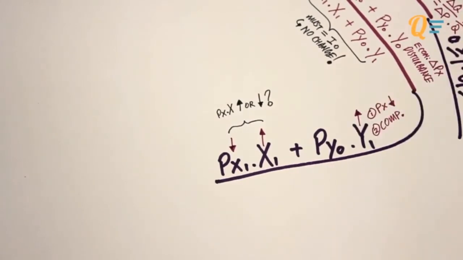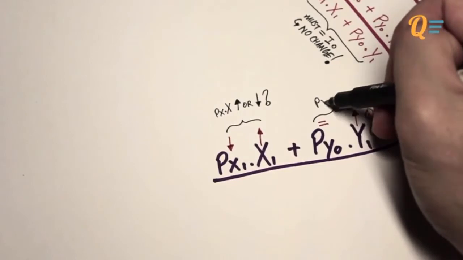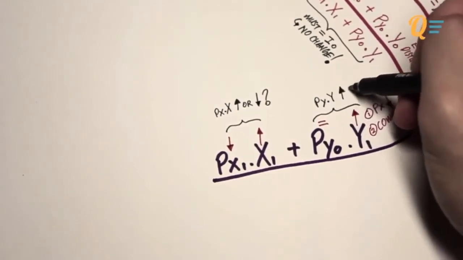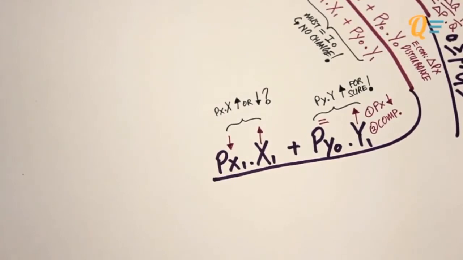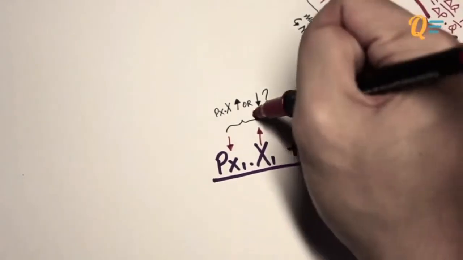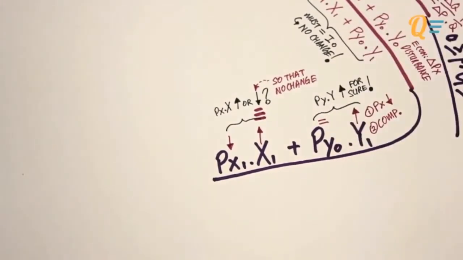Therefore, quantity demanded for Y will increase. And we know that the price of Y is fixed. So the expenditure on Y for sure is going to increase, 100%. And to make sure that there is no change in this side of the equation, we know that the total expenditure on X must decrease to offset the increasing expenditure on Y.